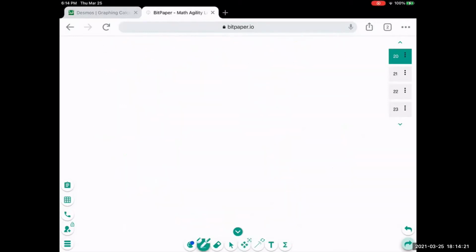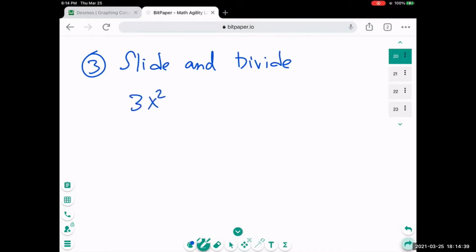I forgot the author of this method. I'm sorry, but I would write it in the comment section later. So this is called slide and divide. So gamitin uli natin yung given natin na polynomial, na trinomial. So 3x squared minus 2x minus 8.